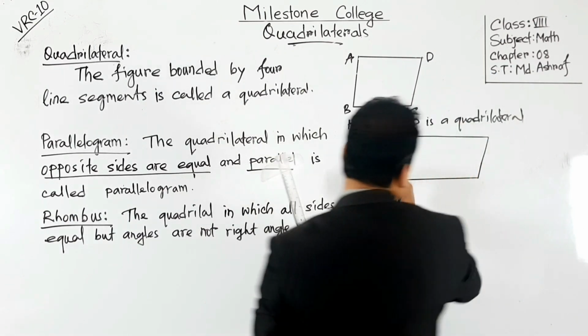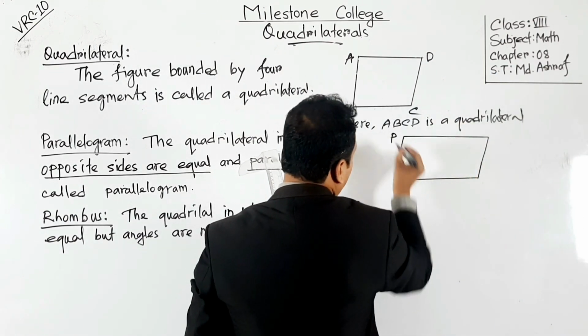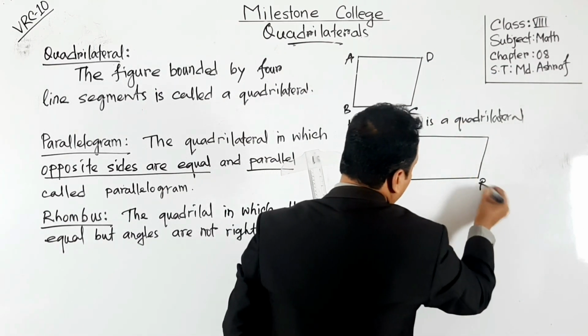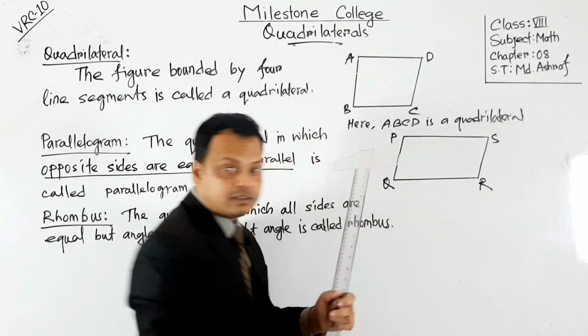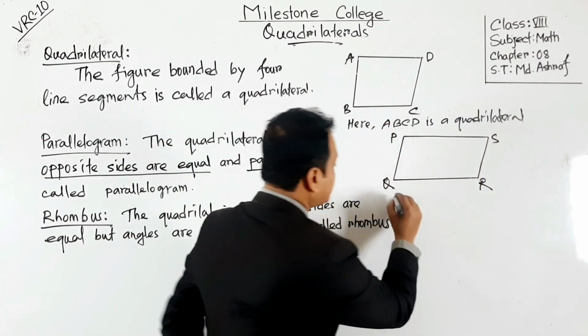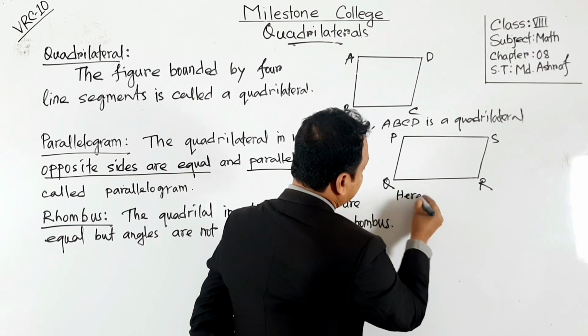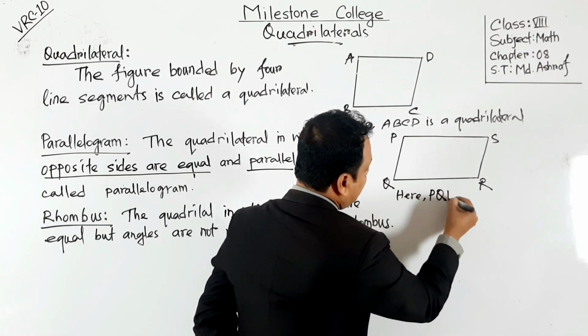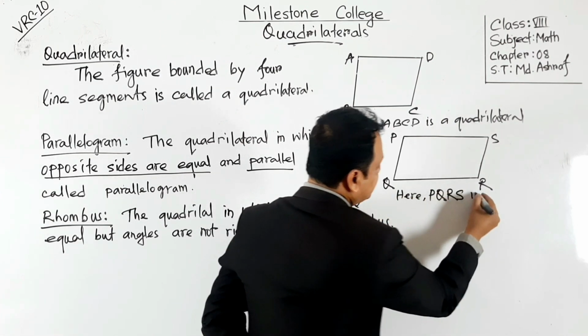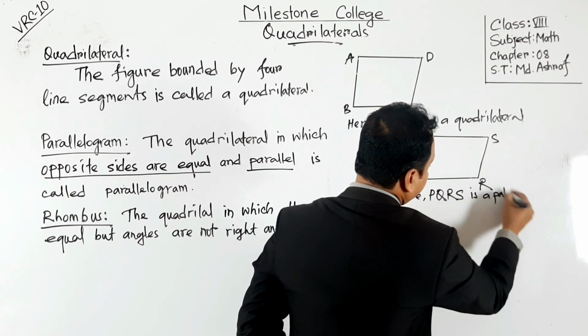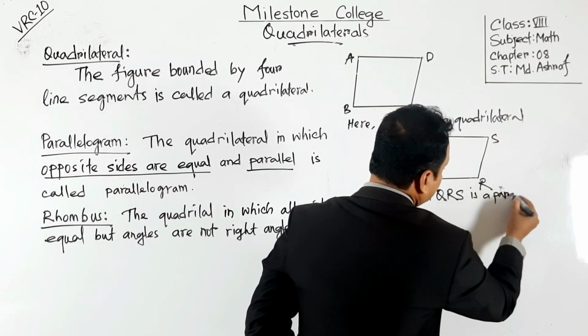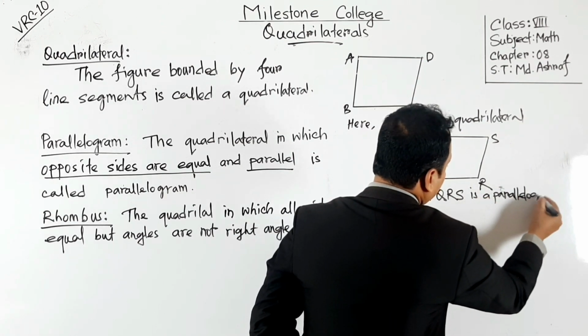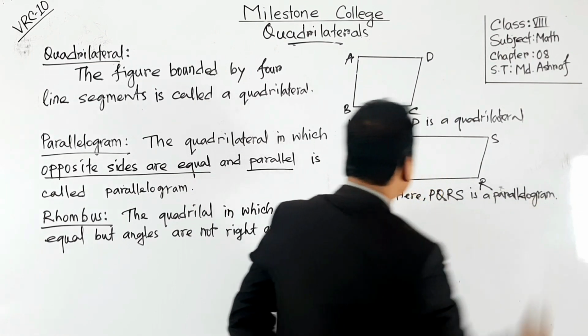So, give the name of this parallelogram PQRS. PQRS is a parallelogram. Okay, got it.